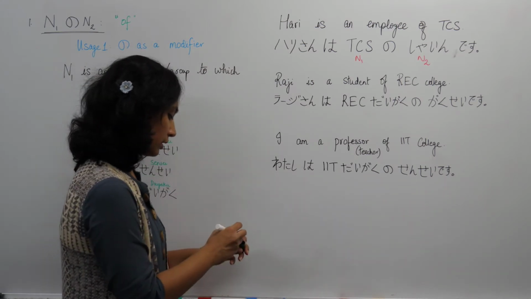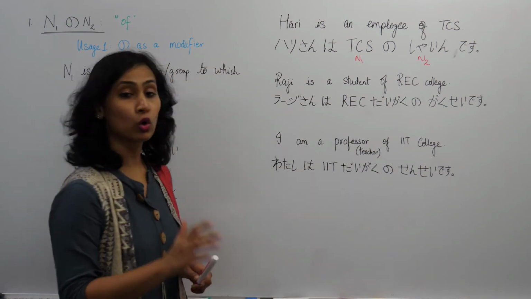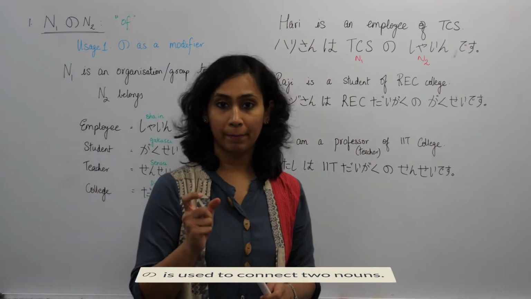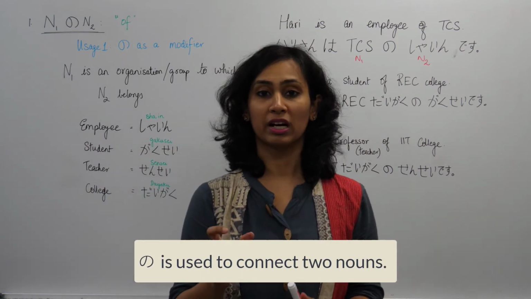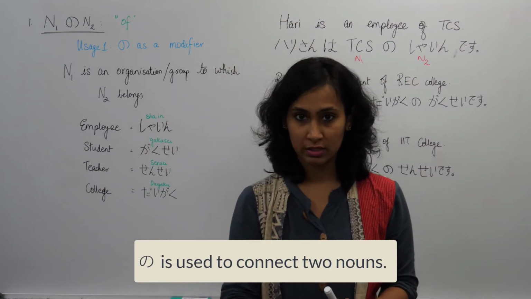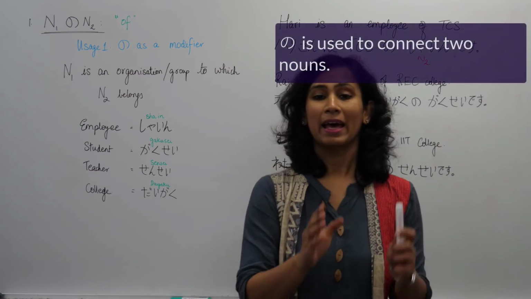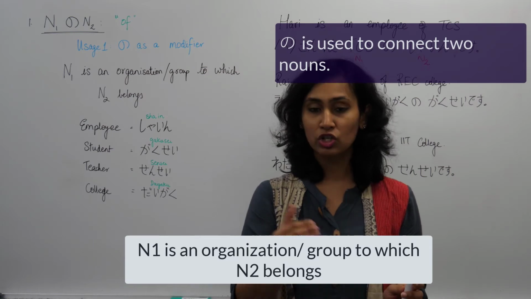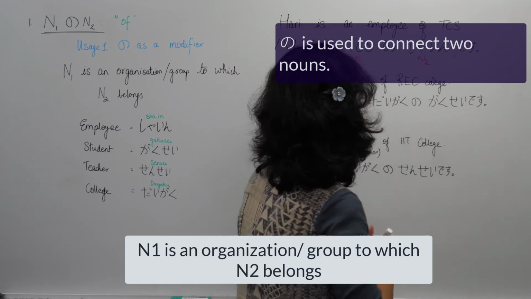So, again, going over the role of no. No is a particle that is used to connect two nouns, wherein N1 is an organization or a group to which N2 belongs.